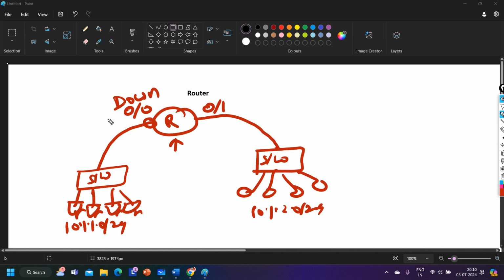So first thing, I need to configure this router. You can use a switch without doing any configuration, just purchase it from the market and after that you can connect multiple devices. They can communicate with each other. But this is not the case with a router, guys. If you have a router, first you have to configure it.